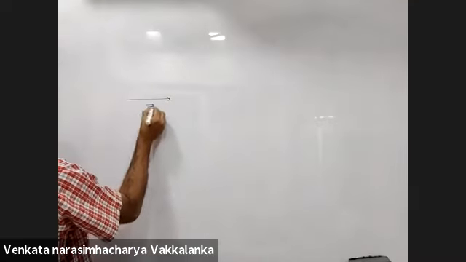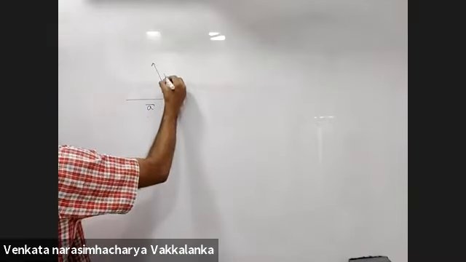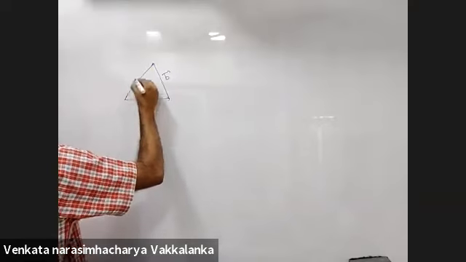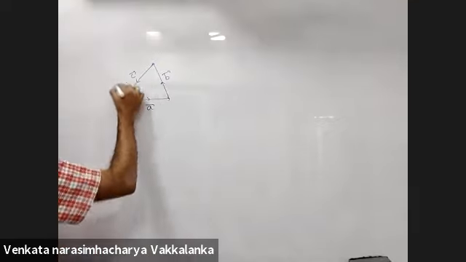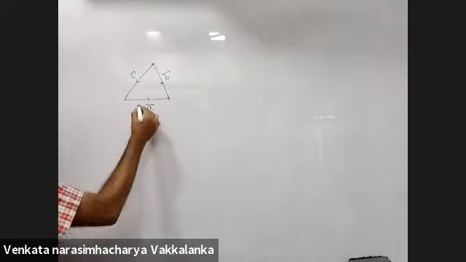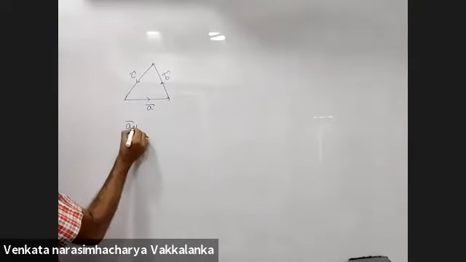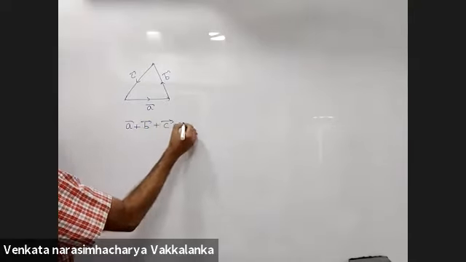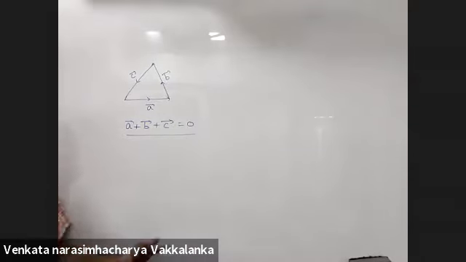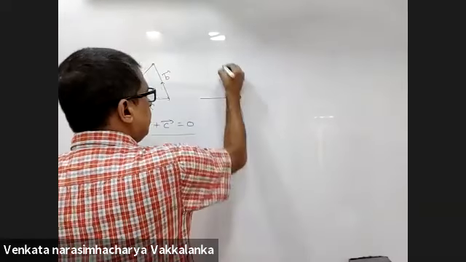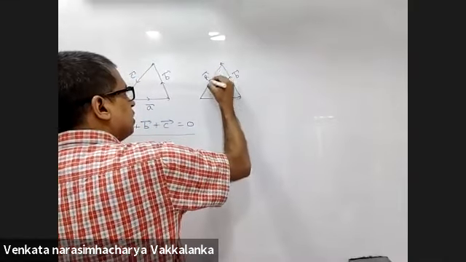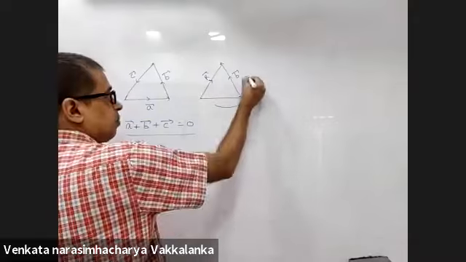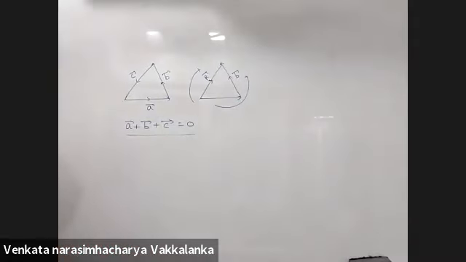If I have a vector A and a vector B and a vector C, three vectors represented as three sides of the triangle taken in one order, A plus B plus C will be 0. Why? Because A plus B, the resultant, was R in this direction.